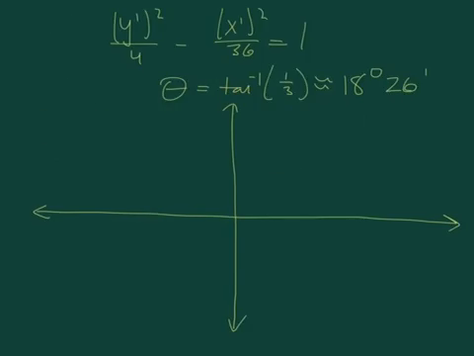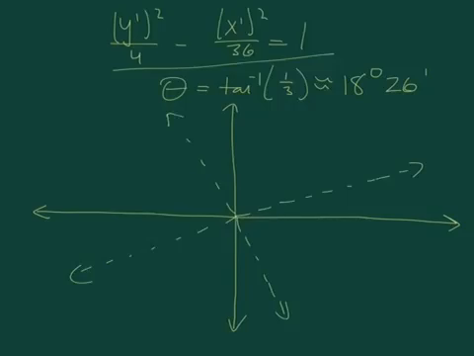For graphing it, you're just graphing that normal hyperbola, but at the angle of the theta you found earlier. Earlier we found that tan theta is 1/3, so theta is tan inverse of 1/3, which is about 18 degrees. We'll draw a little line there and say that's 18 degrees. That's going to be the transverse axis, and then that'll be the conjugate axis.